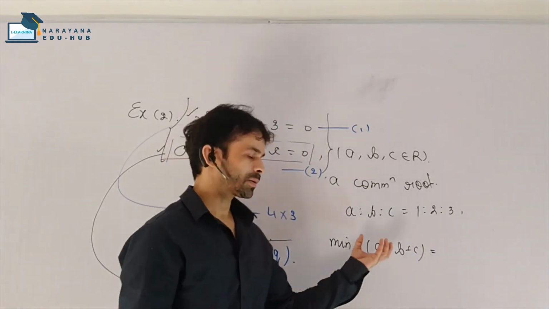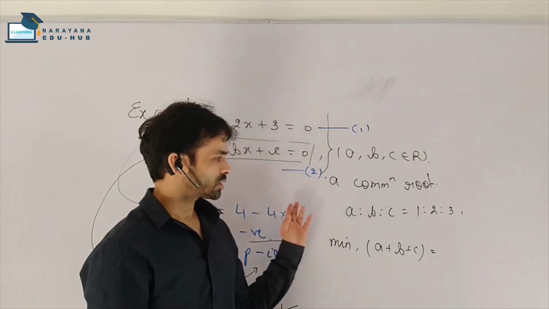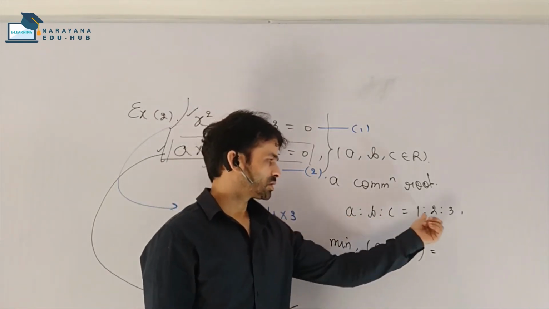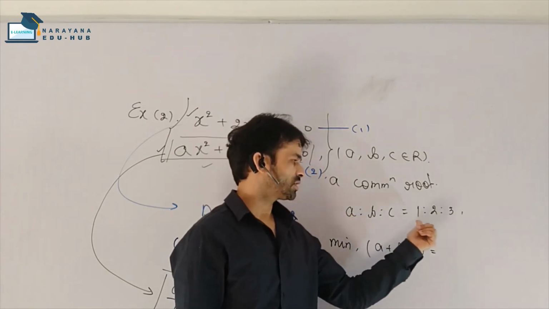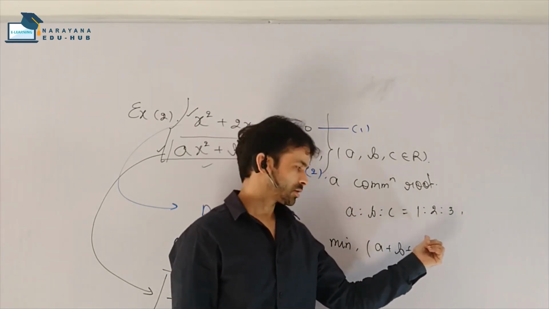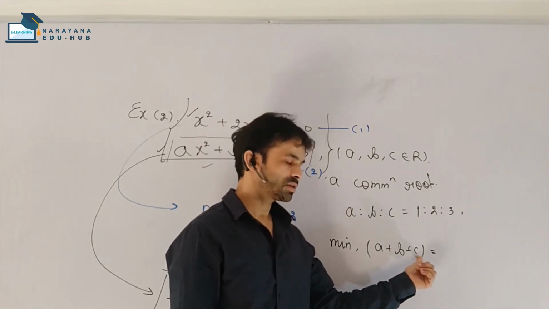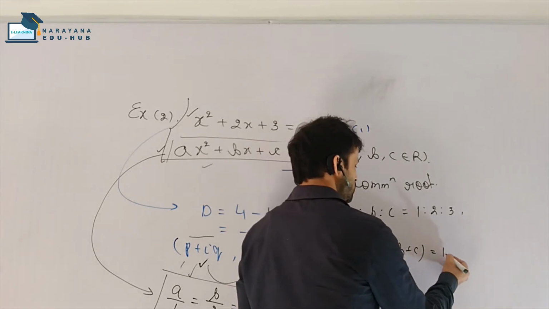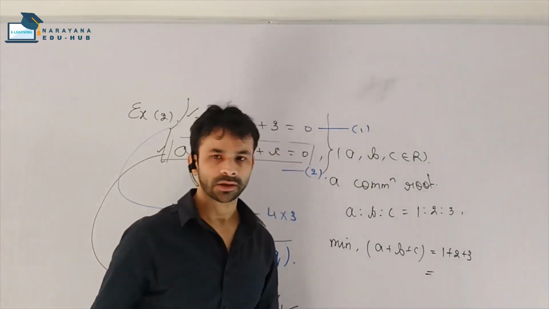Here you can see a is to b is to c is this. So the minimum possible value of a is 1. If this becomes 1, this becomes 2, then this becomes 3. So this will become 1 plus 2 plus 3. So this way you can find.